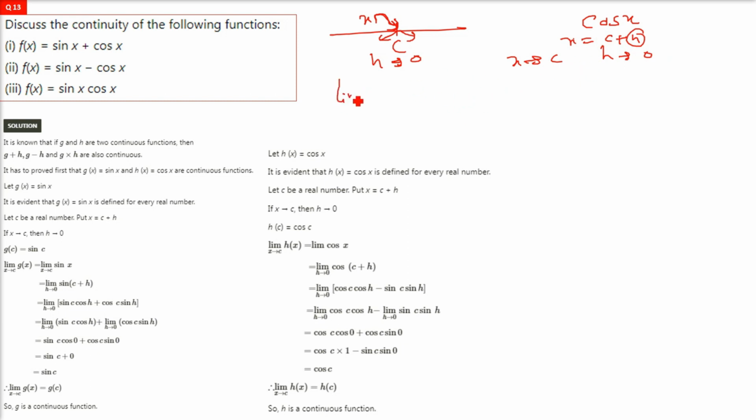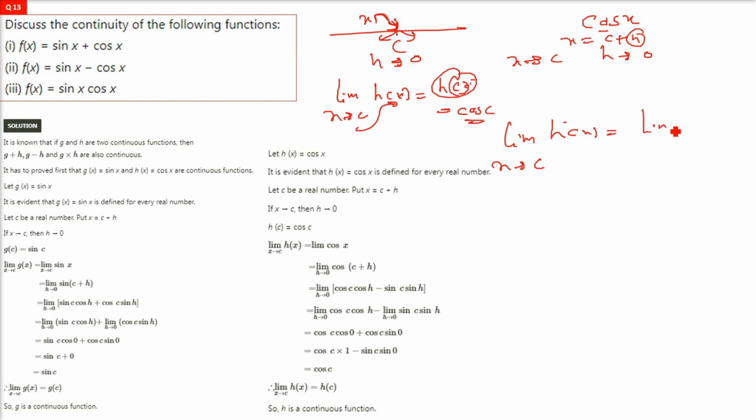So what we are trying to do here is limit x tends to c of the function h(x), which we have taken as cos x. When we replace x by c, h(c) will be cos c. So let us see whether it comes out as cos c or not. I am replacing x by c plus h.